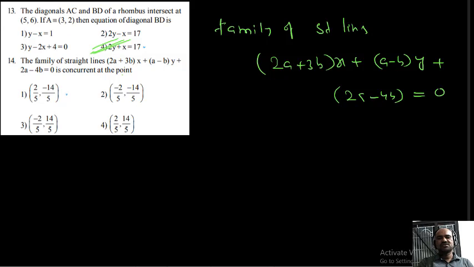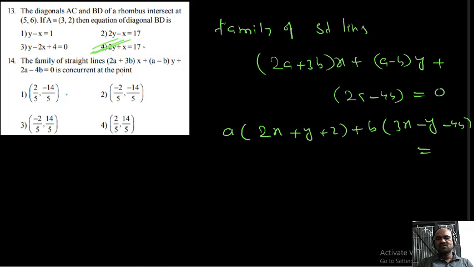Okay students, here I want to take a common. First of all, we take a common: 2x plus y plus 2, plus b common: 3x minus y minus 4, equal to 0.